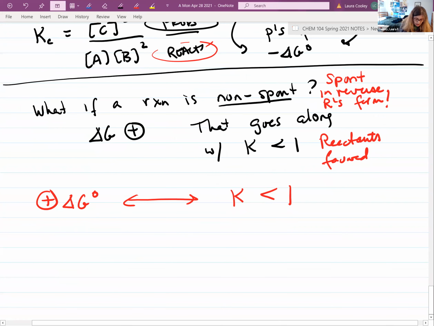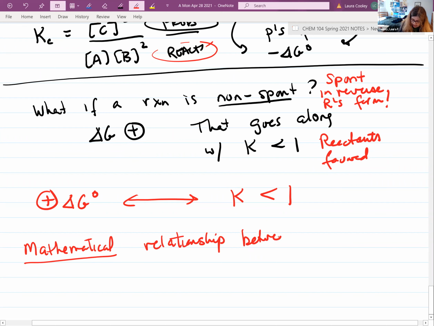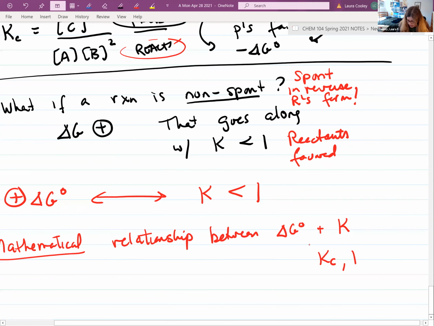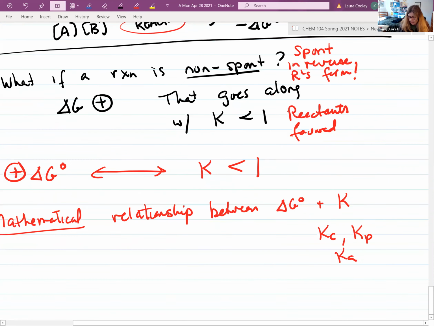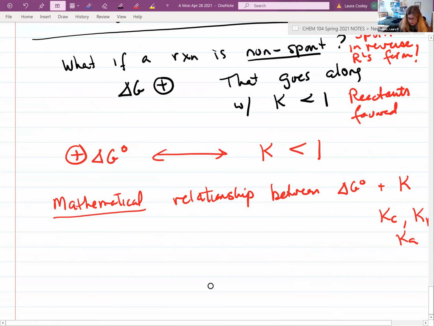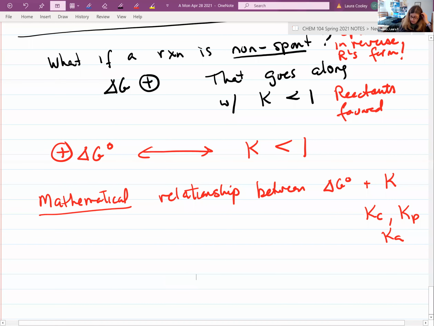Okay, so there is actually a mathematical relationship that I'm going to tell you, and it's pretty simple, between the delta G0 and the equilibrium constant. It could be a Kc, it could be a Kp, it could be a Ka, any of these equilibrium constants for different situations. And this mathematical relationship keeps this same correlation.